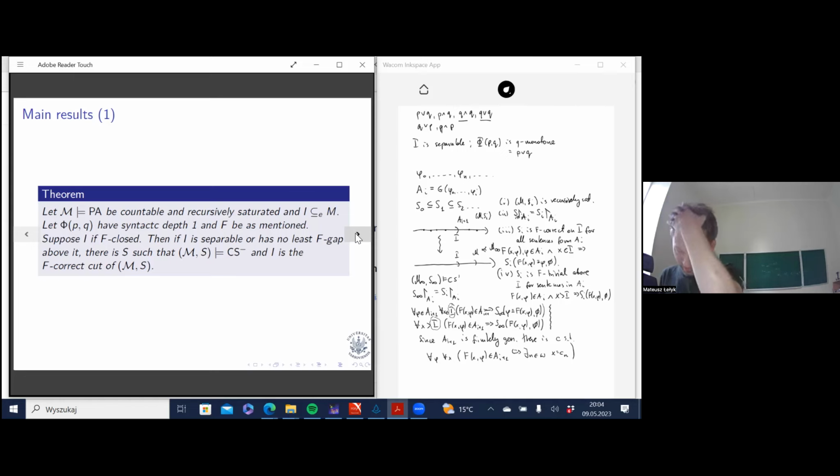So the set of the elements, the lengths of these disjunctions which belong to AI plus 1, can be coded via an omega sequence.